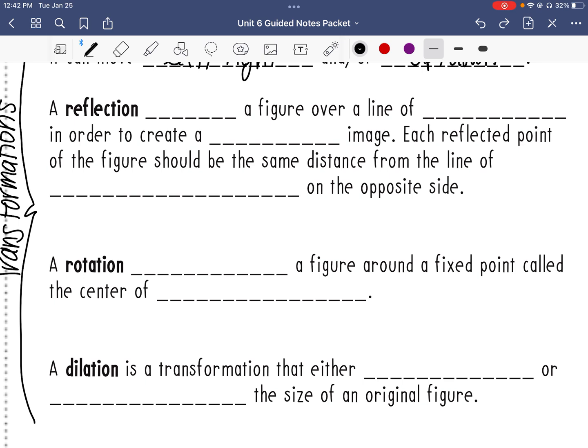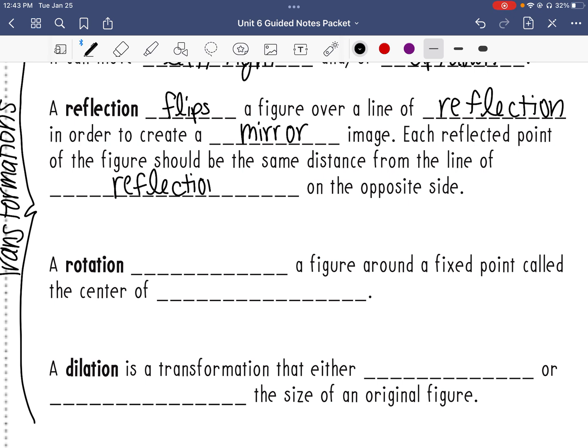So a reflection flips a figure over a line of reflection. We'll talk more about the line of reflection in just a minute. In order to create a mirror image. Each reflected point of the figure should be the same distance from the line of reflection, but on the opposite side.